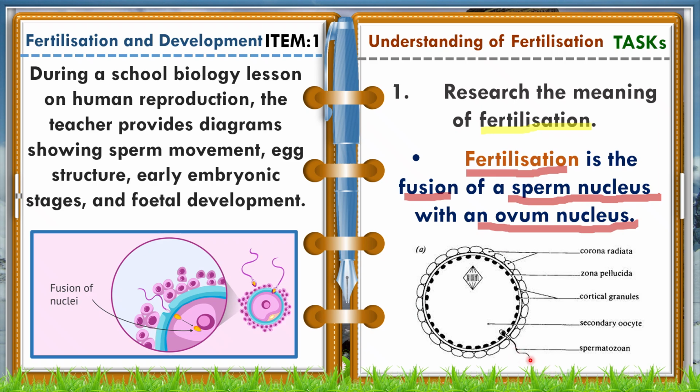When its head enters into the zona pellucida, then we say that the process of fertilization is starting. And when the nucleus of the sperm fuses with the nucleus of the ovum, then we say fertilization has taken place.